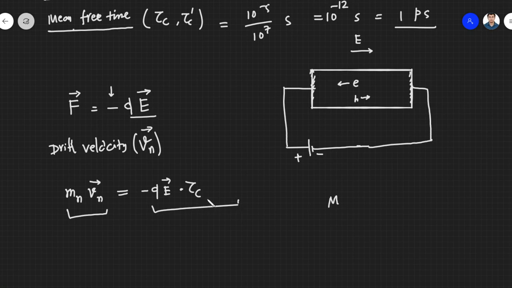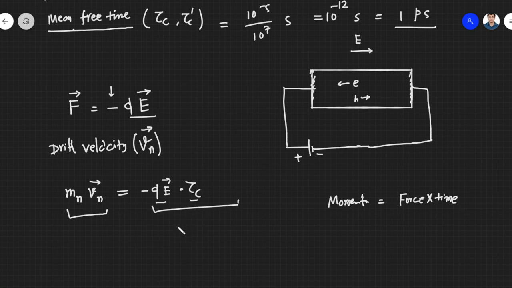Because these are collisions, an impact kind of thing, very quick collisions. So Q times E is the force, and the time is the mean free time, right?